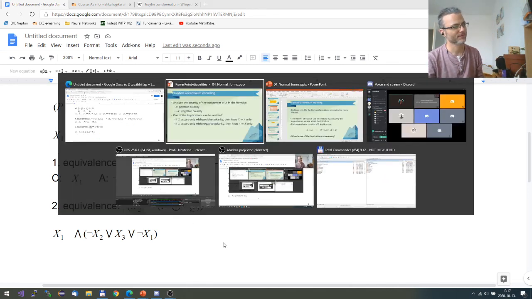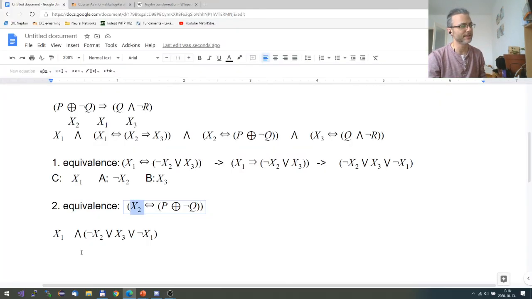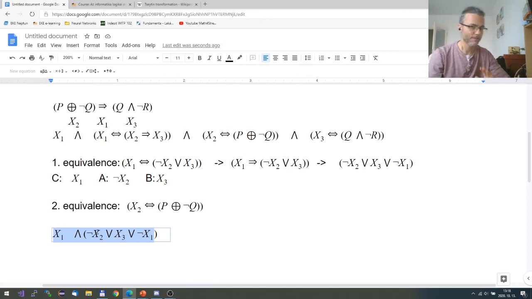This is what we call a negative polarity, if we find that the variable x2 is negated everywhere in the formula so far. Fortunately, it has only one occurrence so far, and it's negated.